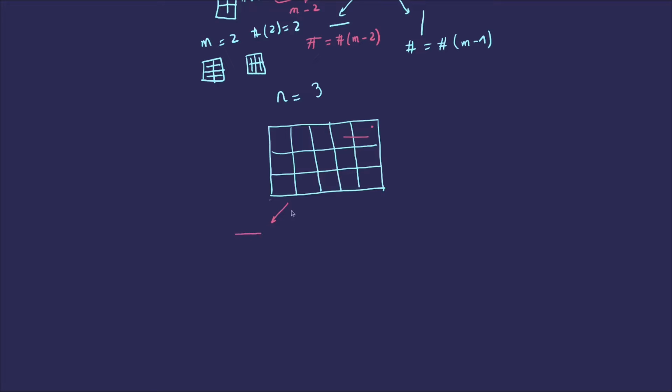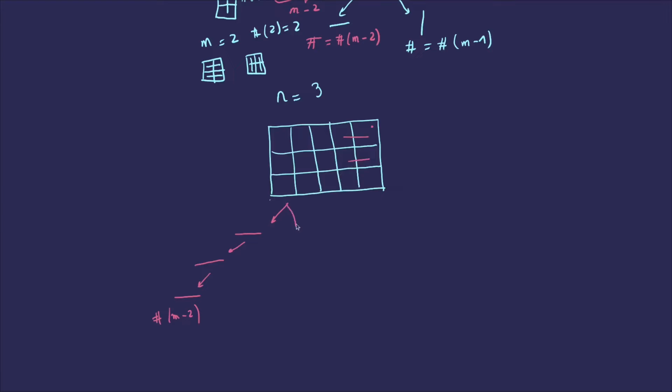If we put a horizontal piece right there, we have two possibilities for what remains. For the tile beneath it, we can either choose to put a horizontal tile or a vertical tile. If we choose to put a horizontal tile there, then the last tile will be predefined and it will also be horizontal. And in this case, we have some kind of relation with the number of ways for m minus 2.